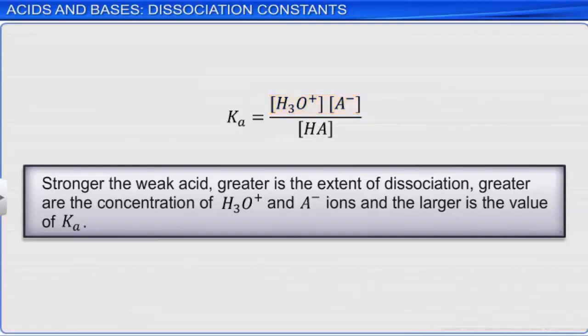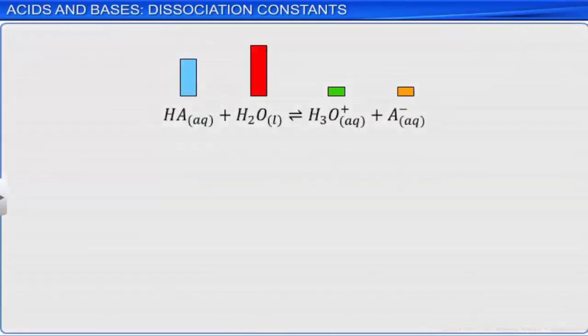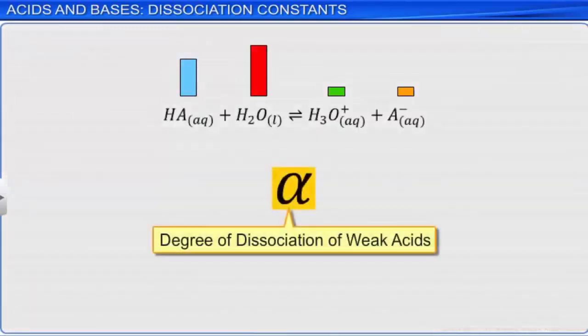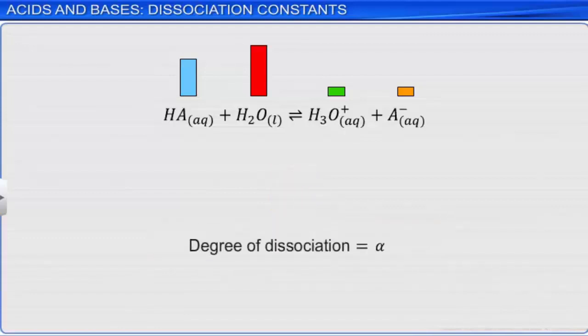The extent of the ionization of weak acids is usually expressed in terms of degree of ionization, which is denoted by alpha. Let us take the same generic example of the dissociation of weak acid, HA, in water to derive the expression for the degree of dissociation of weak acids in water.